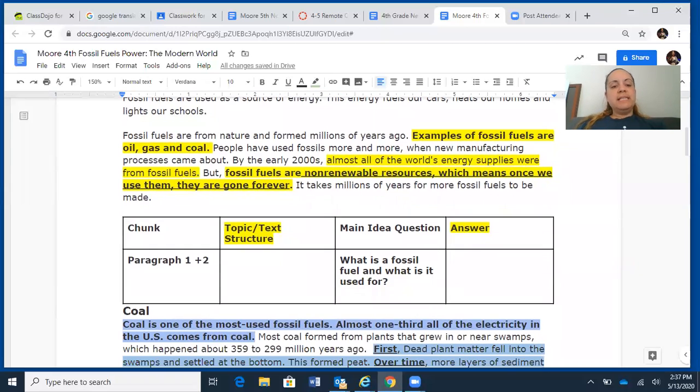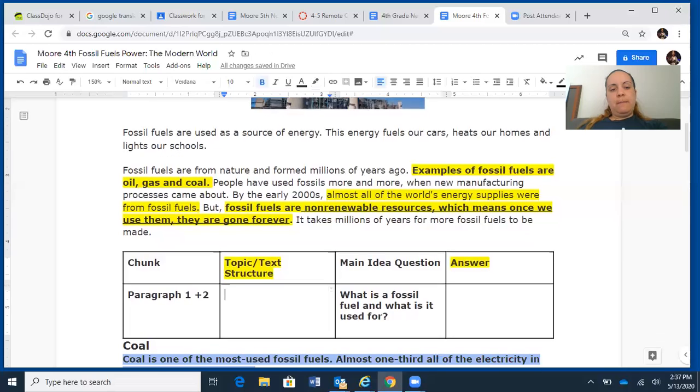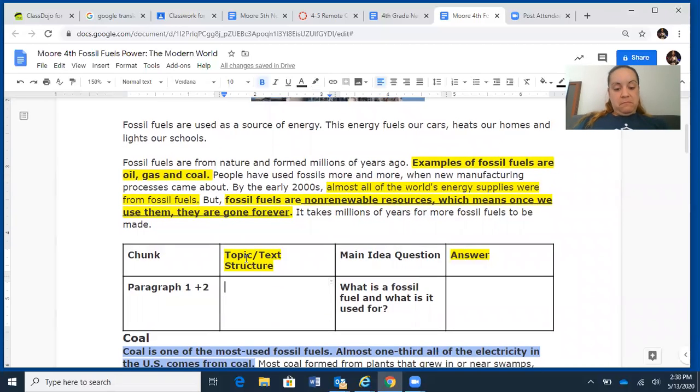Okay, so this is the chunk for paragraph 1 and 2. What is the topic of this paragraph? Fossil fuels for sure. And I think that the text structure is description because it is telling us all about fossil fuels.